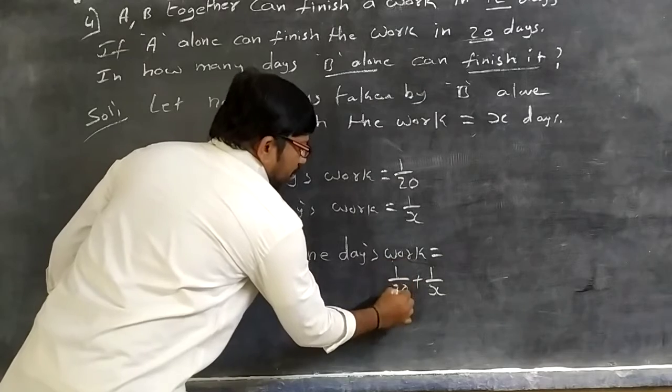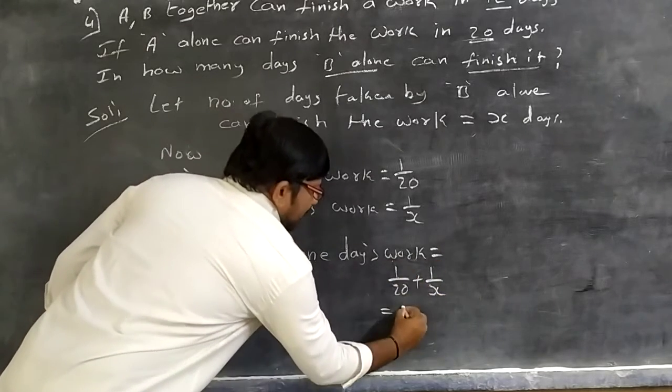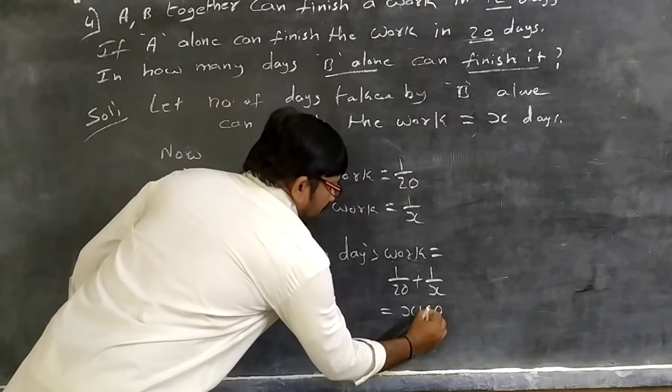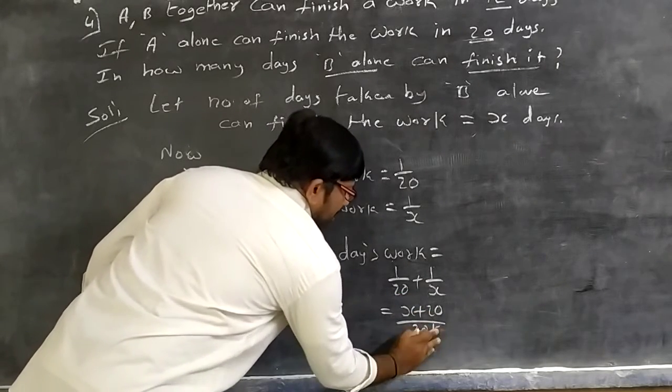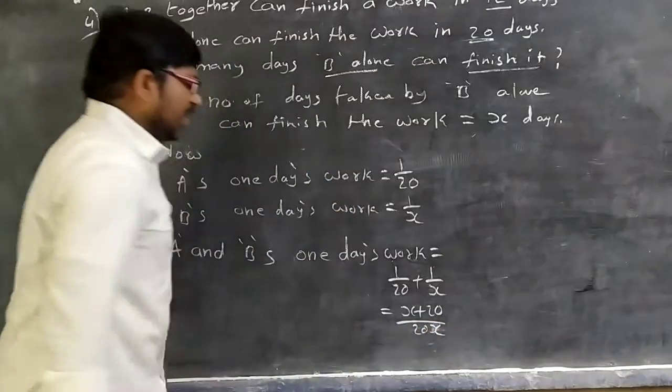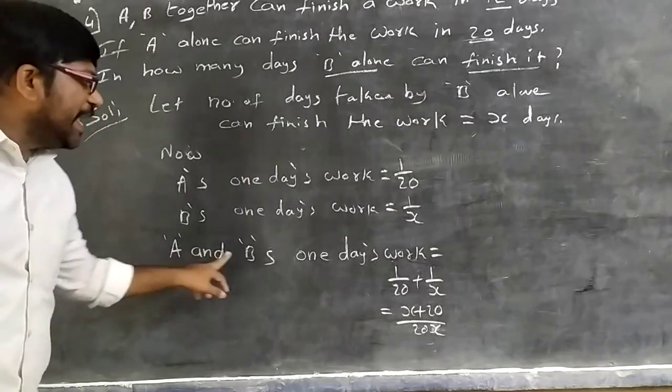X into 1, X plus 20 into 1, 20. So X plus 20 by 20 into X, 20X. This is the portion of work done in one day by both A and B.